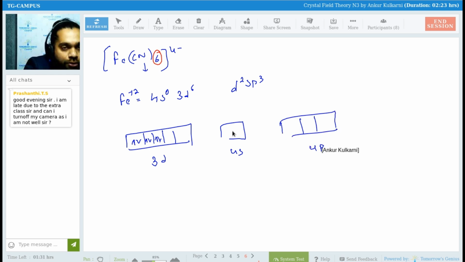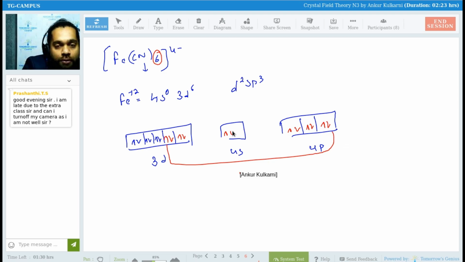Your 6 ligands will fill electrons over here: 1, 2, 3, 4, 5, 6. So it is d2sp3. Is it clear, Sindhuja?